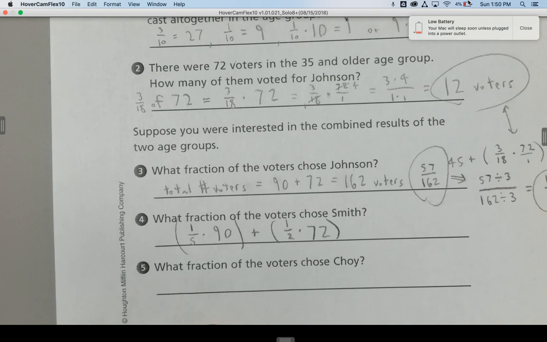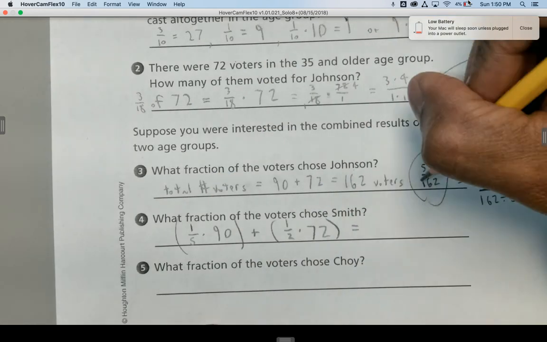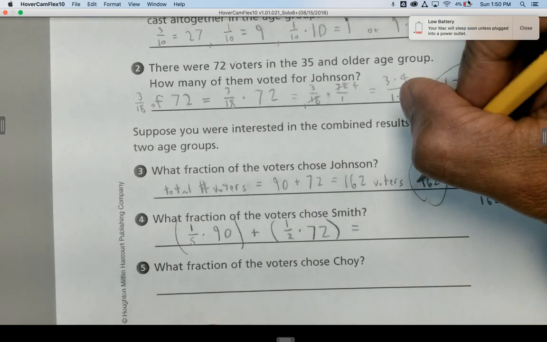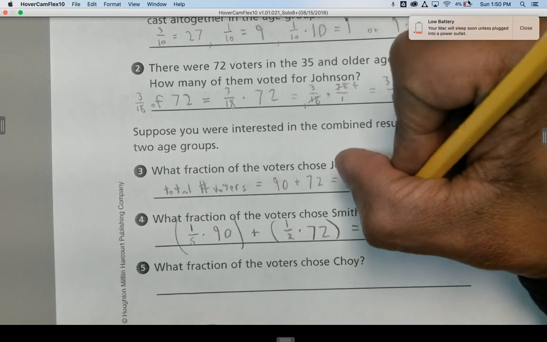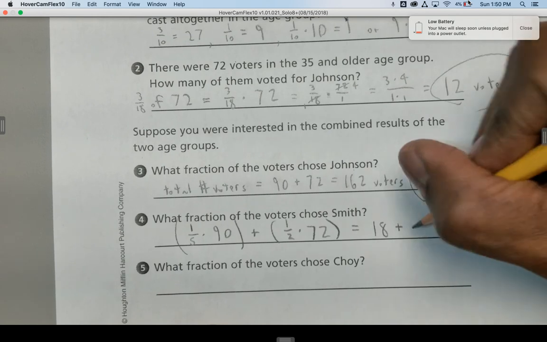When you work this out, 1/5 multiplied by 90 ends up being 18. 1/2 multiplied by 72 ends up being 36.